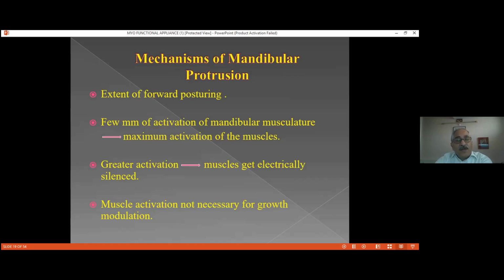What happens with greater activation? The muscle gets electrically silenced, and thereby the activation in the muscle is reduced or becomes zero. Thereby, there are no active changes occurring during the wearing of the appliance. So that appliance has no advantage in wearing when we are having a greater activation. Muscle activation is not necessary for growth modulation.